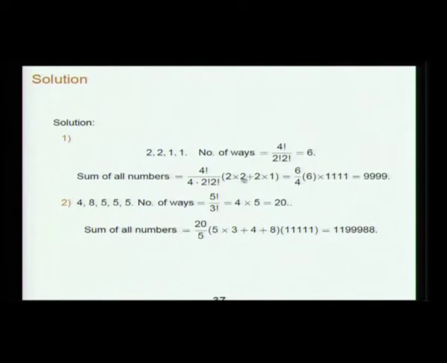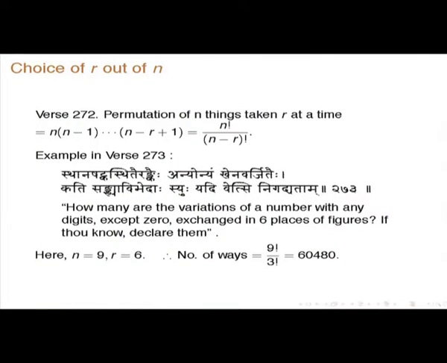So you have to multiply by this, and you get 9999. Similarly, in the other case the number of ways is factorial 5 by factorial 3. These are distinct and 3 of them are alike. So this is 4 into 5, 20, and the sum of all numbers is this.